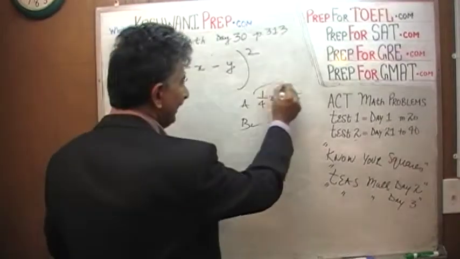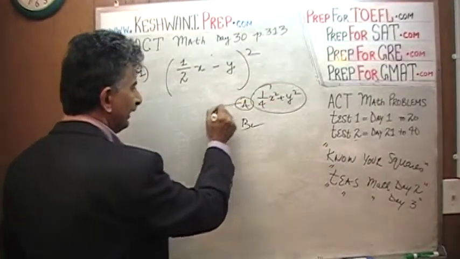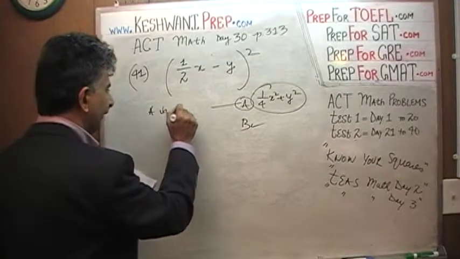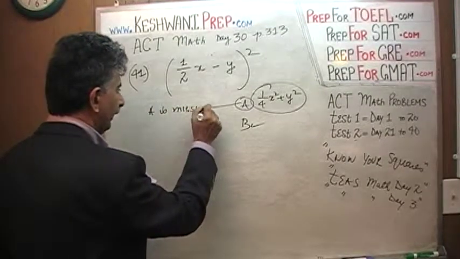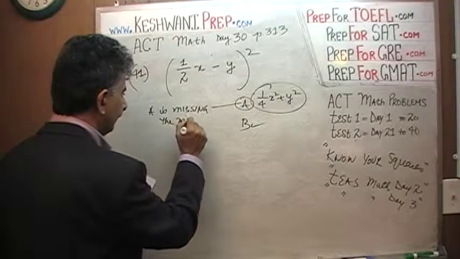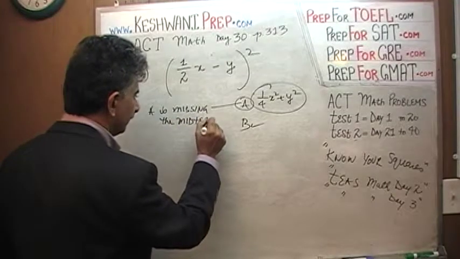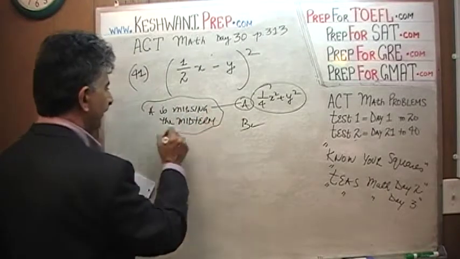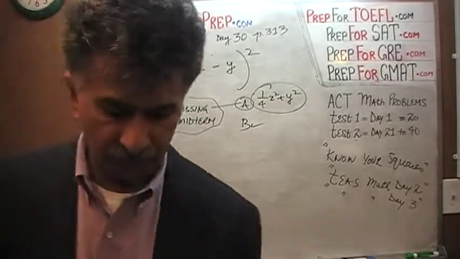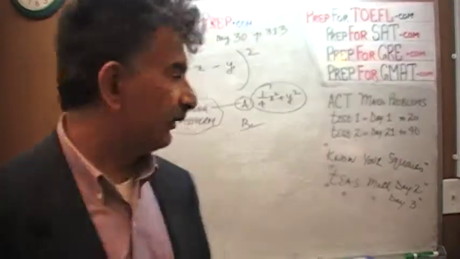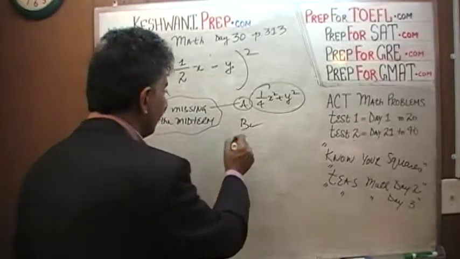What is wrong with A? What is wrong with A is that A is missing the midterm. That's all we have to realize: that A is missing the midterm, and therefore the answer is B.